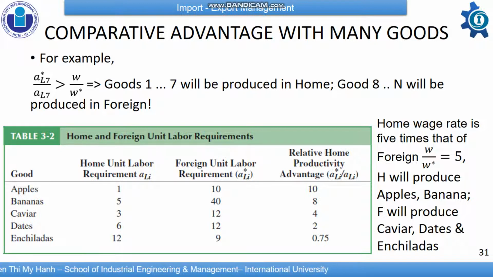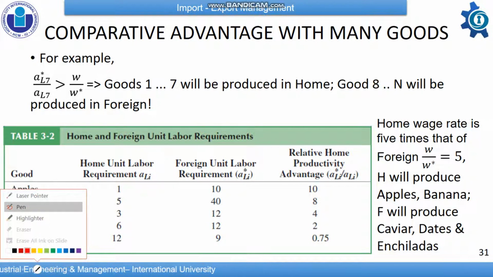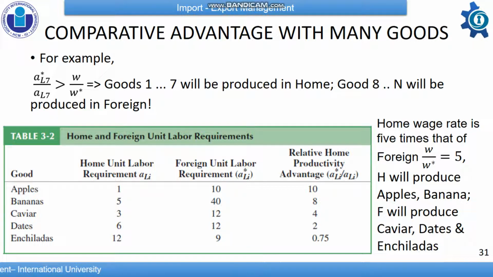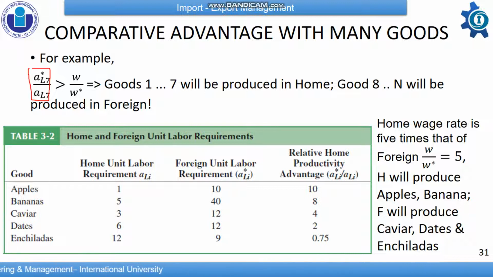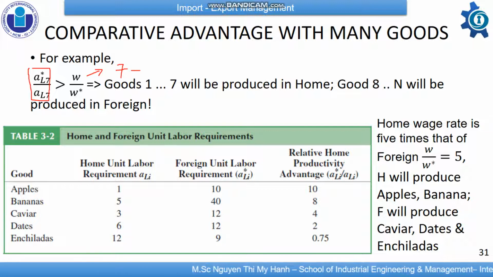Let's look at this example. Let's say we consider good 7. So the relative unit labor requirement of product 7 in the foreign country to home country is larger than the relative wage in the home country to foreign country. So we will conclude that good 7 will be produced in the home country.